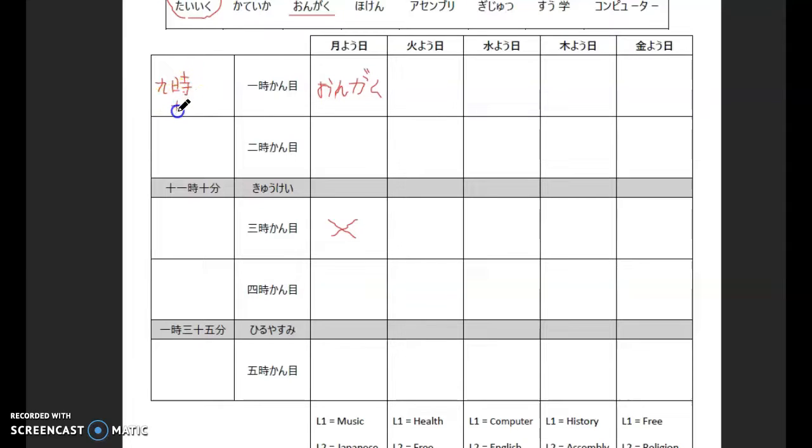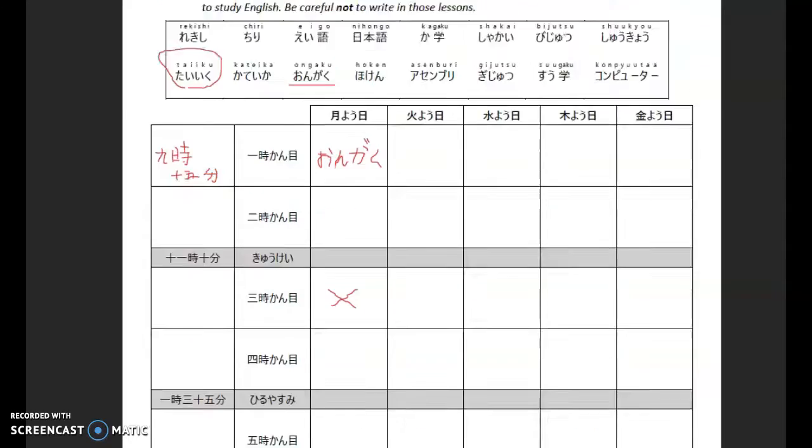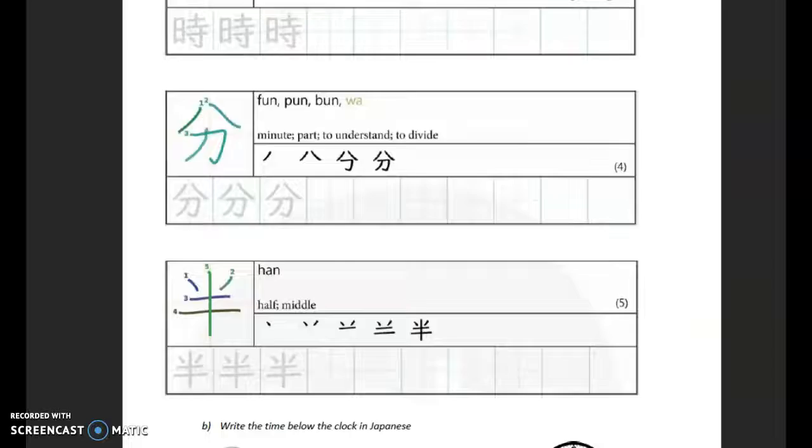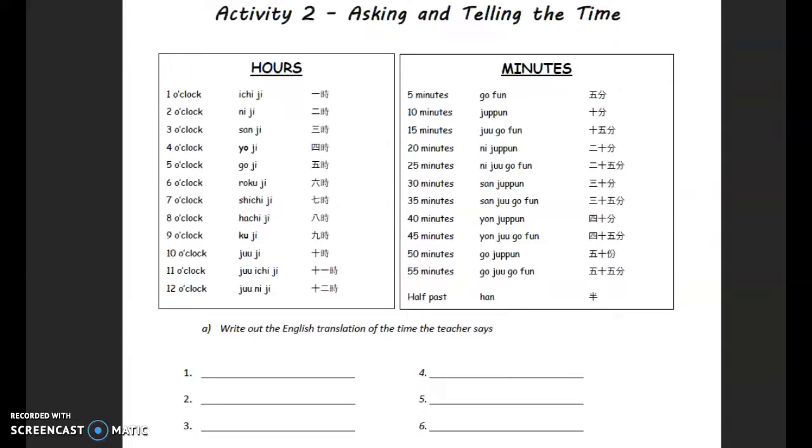I might go 2 lines. And yours will be much neater than my computer writing. Now, if you needed the time reminder, go all the way back to activity 2 because all of the times are there for you to copy from these columns.